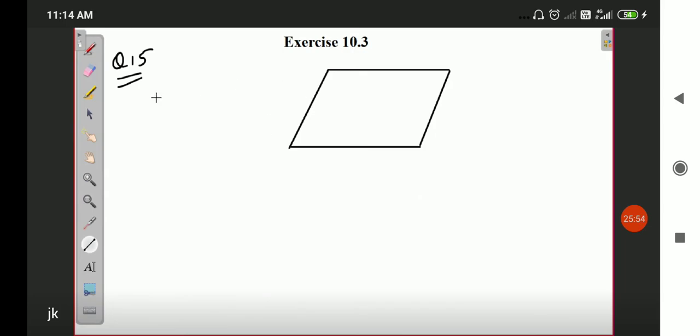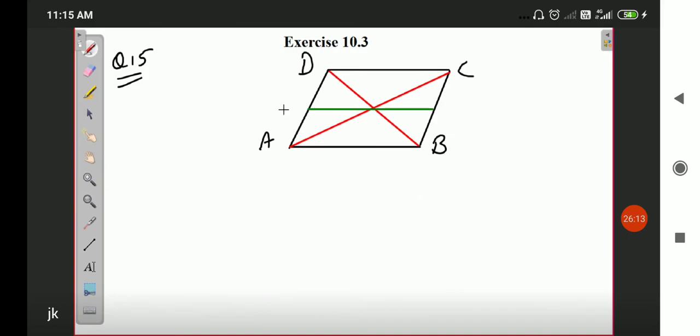We have a parallelogram ABCD with its two diagonals, diagonal 1 and diagonal 2, and a line passing through the intersection of both diagonals. This is A, B, C and D. This line is RS.